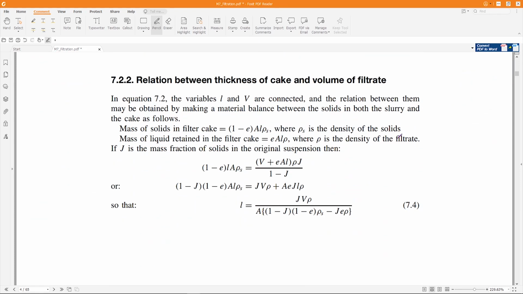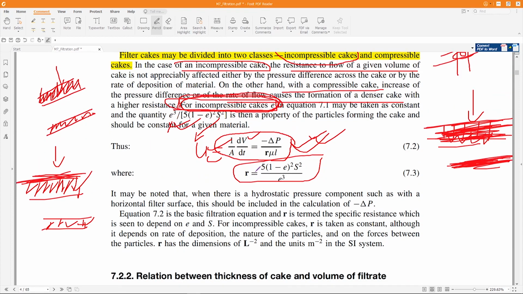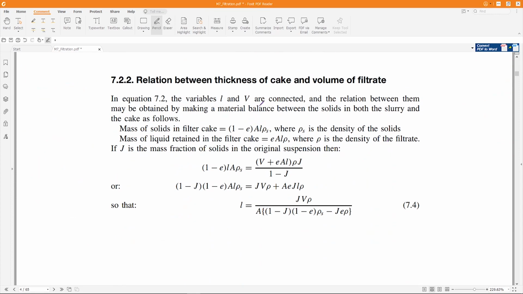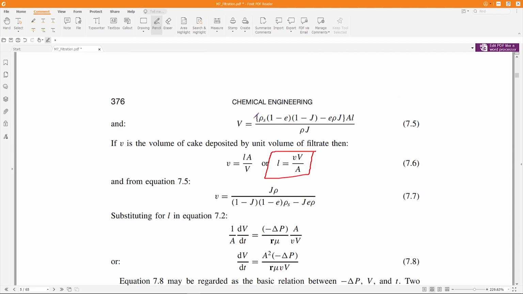So what is the relation between the thickness of the cake and the volume of filtrate? What is the relation between the volume of filtrate collected and the thickness L of the cake? There are some steps you can follow to obtain it.